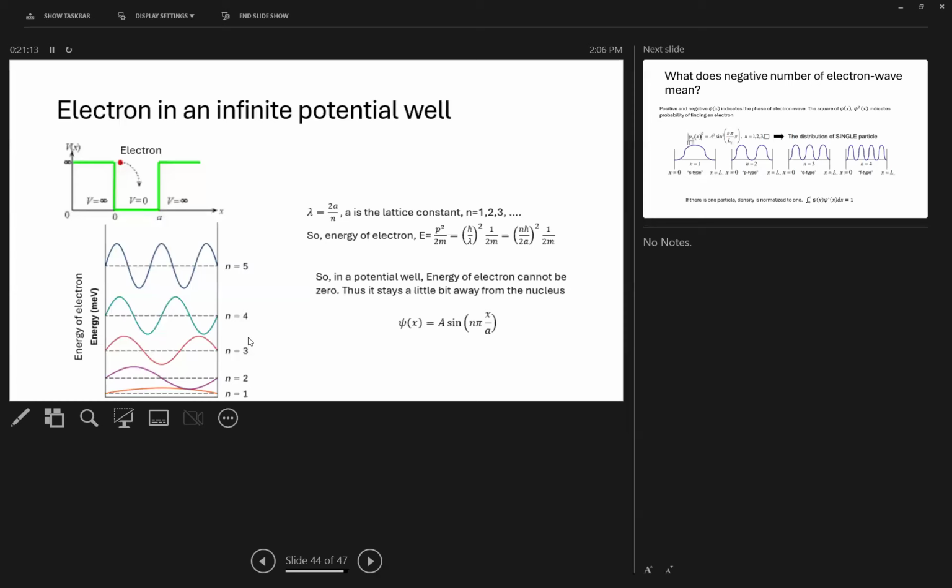Yes, but that doesn't make any difference because we are just taking the n square. You are absolutely right, n can be negative. So since n can be as low as 1 or minus 1, that means energy must have some lower limit, and this lower limit is defined by h cut square divided by twice m A square.